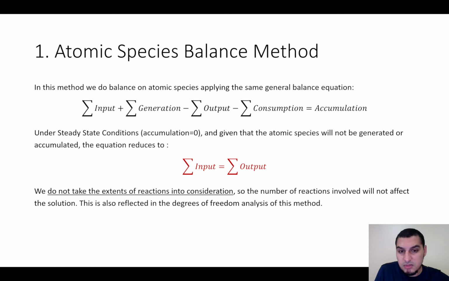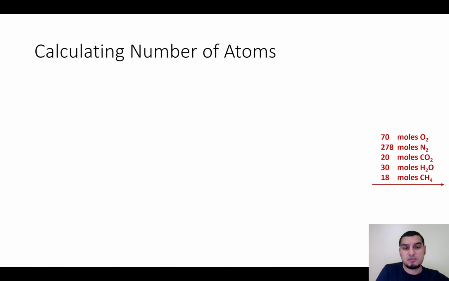We don't care about all these things. We just care about what goes in and what comes out of the unit, and we have to know precisely the molecular formula of all the compounds in the system, and this would be demonstrated in this example and the next example.